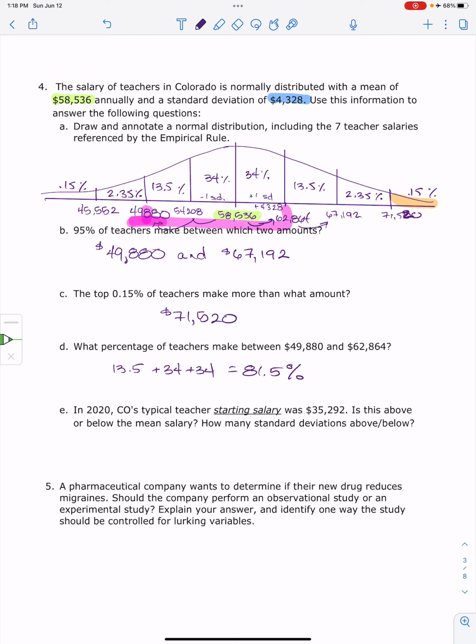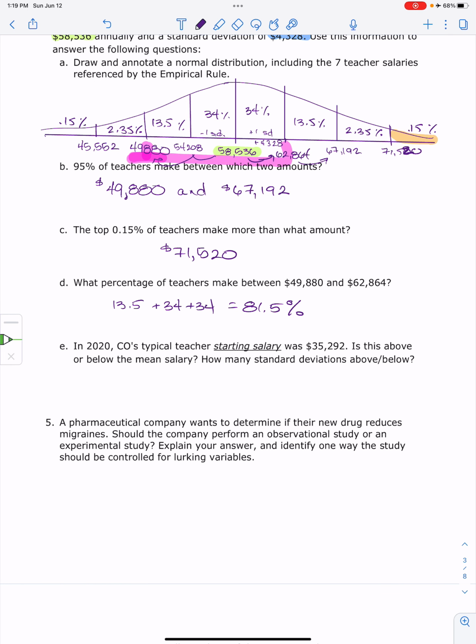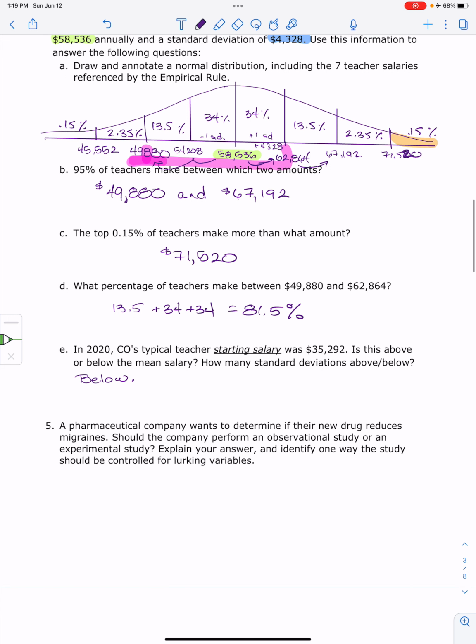In 2020, Colorado's typical teacher starting salary was $35,292. Is this above or below the mean salary? This is definitely below. How many standard deviations above or below? Well, what we're going to do is we are going to go ahead and subtract. Let's see, our mean is 58,536. Our starting salary is 35,292.